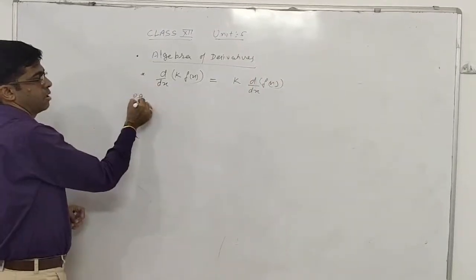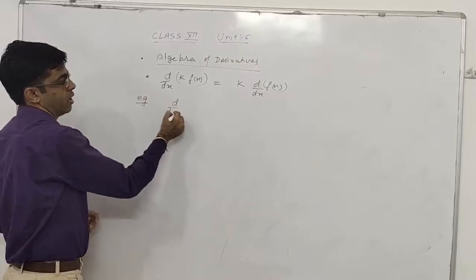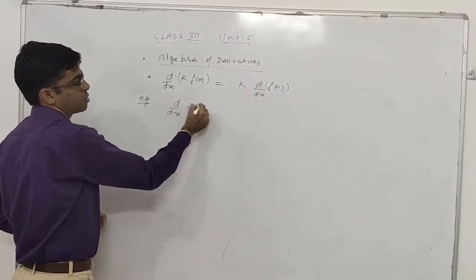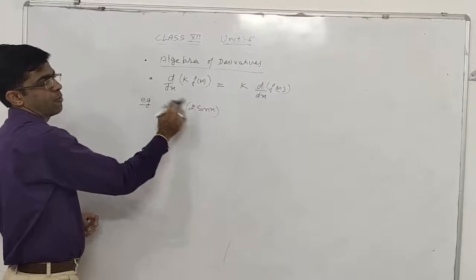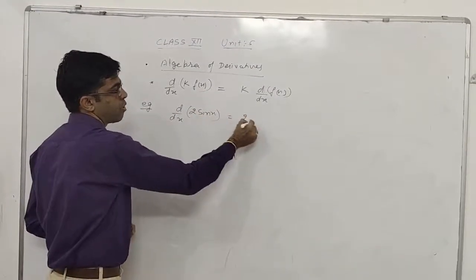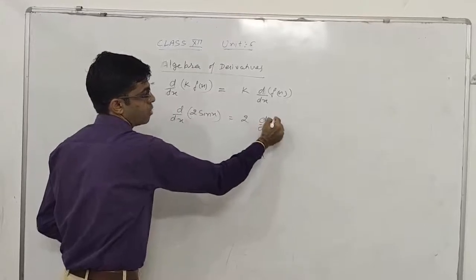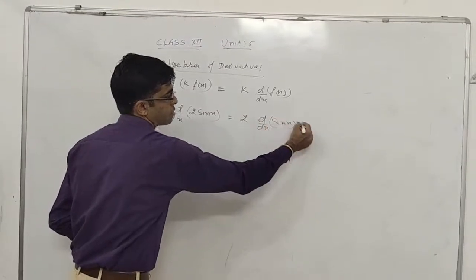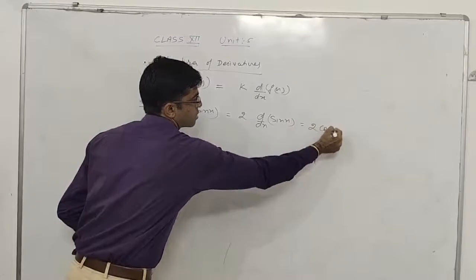For example, if you want to differentiate d by dx of 2 sin x, this is the same form. The function is sin x, but this 2 you can keep outside, or d by dx of sin x, and d by dx of sin x is cos x.